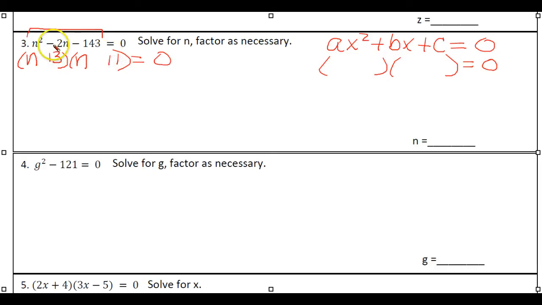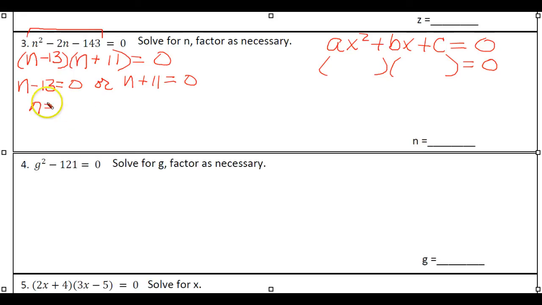And since we need a negative middle term, this will be negative, and this will be positive. So I now set each of these equal to 0: n minus 13 equals 0, or n plus 11 equals 0.